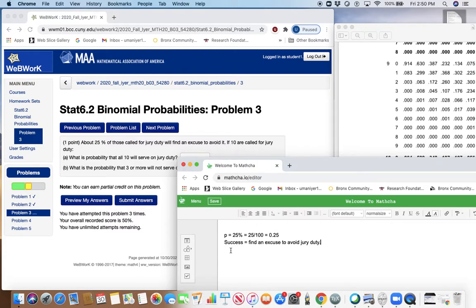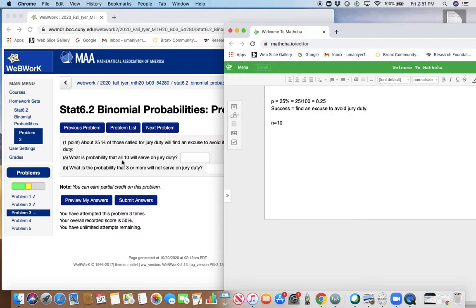10 are called for jury duty. So n equals 10. What is the probability that all 10 will serve? All 10 will serve means nobody succeeded. Success is to avoid jury duty. If everyone is serving, this means we have zero successes.